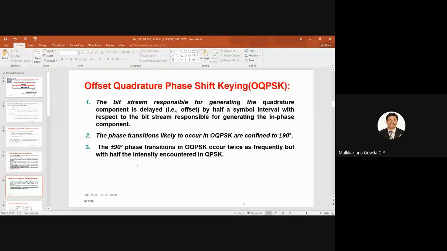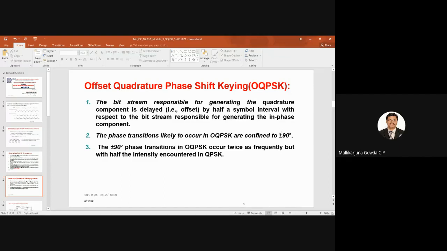Fine. So as I already said, in offset quadrature phase shift keying, the bit stream which is responsible for generating the quadrature component is delayed by half a symbol interval with respect to the bit stream responsible for generating the in phase component. So either in phase or quadrature can be delayed by half of the bit duration. By doing so, the phase transitions which occur in OQPSK are confined to only plus or minus 90 degrees.